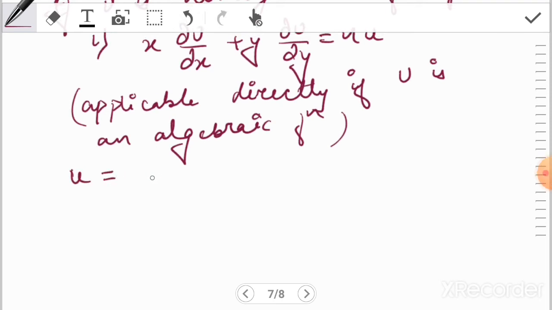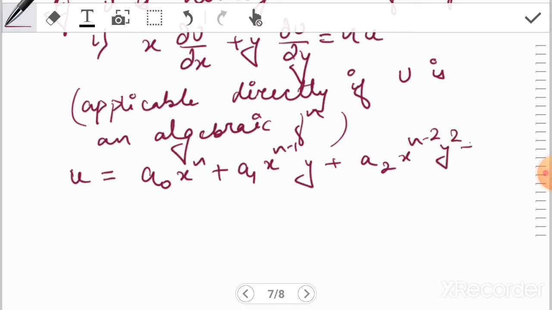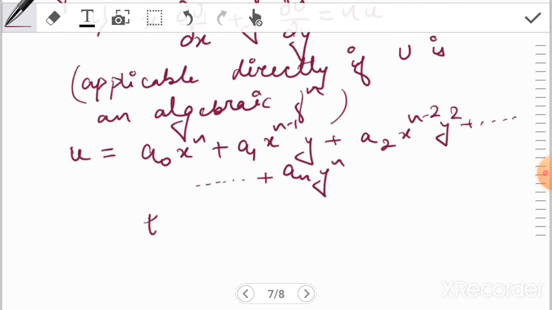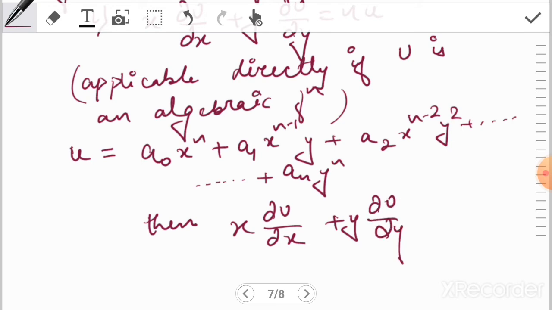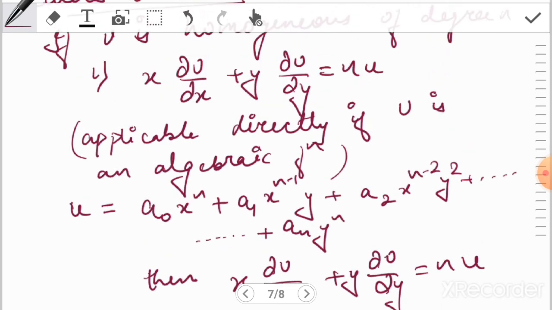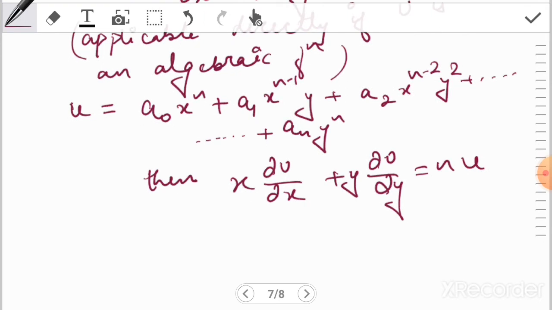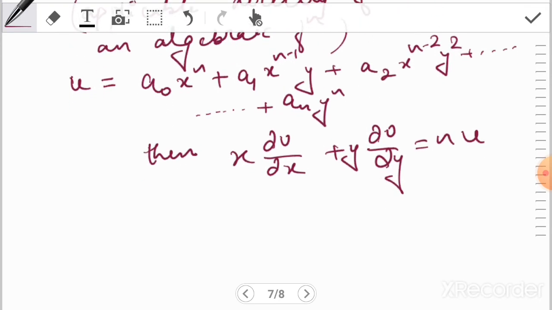Let us say u is a0 x to the n plus a1 x to the n minus 1 y plus a2 x to the n minus 2 y square, and so on, plus an y to the n. Then x del u by del x plus y del u by del y is directly nu.